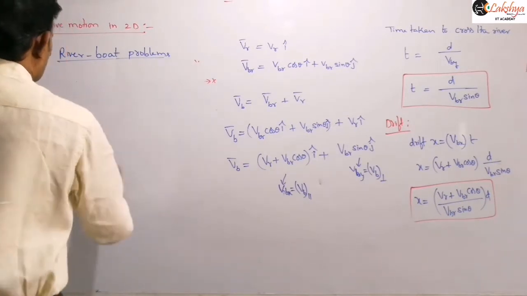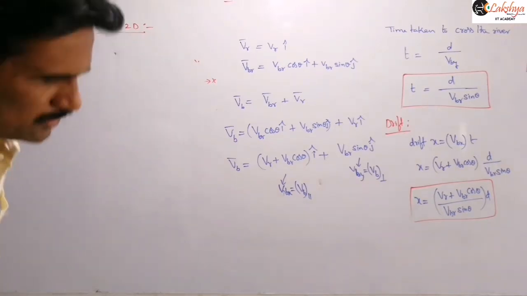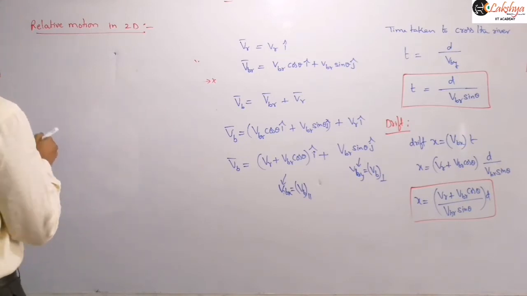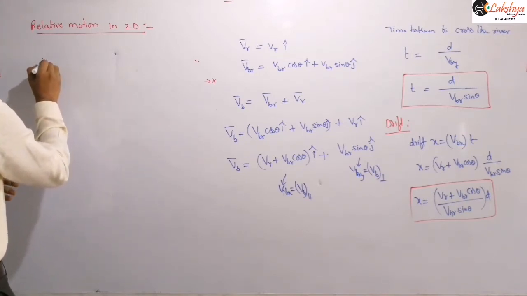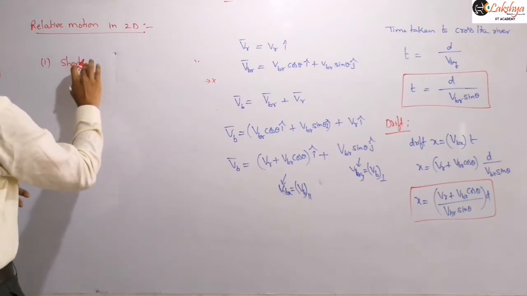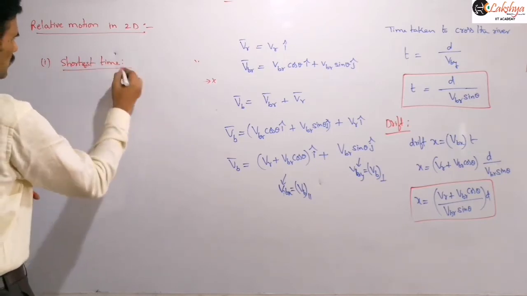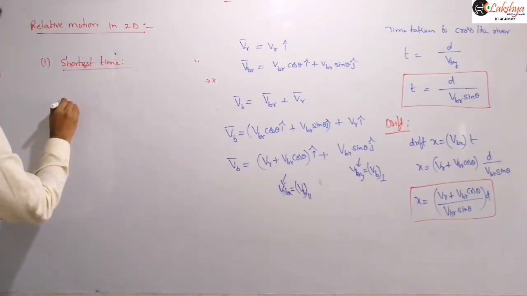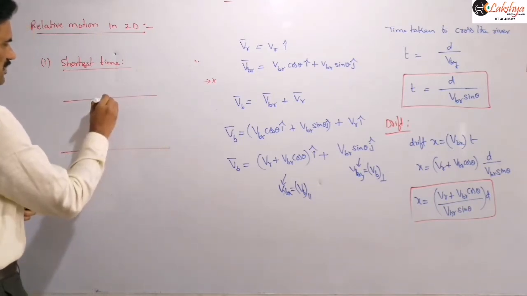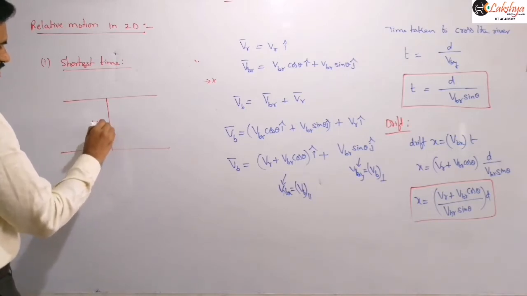So this is the shortest time we are discussing now. So let us write this as shortest time, in that first case we are discussing here. So for this shortest time, what we concluded is that theta value must be 90 degrees. Theta value is 90 degrees means that velocity of boat with respect to the river must be along this direction.